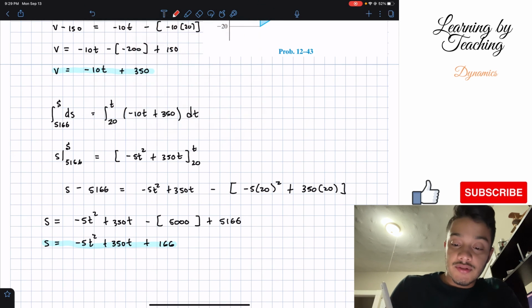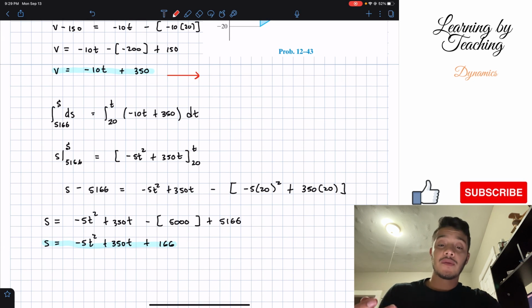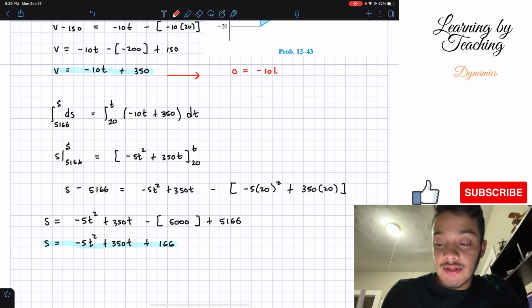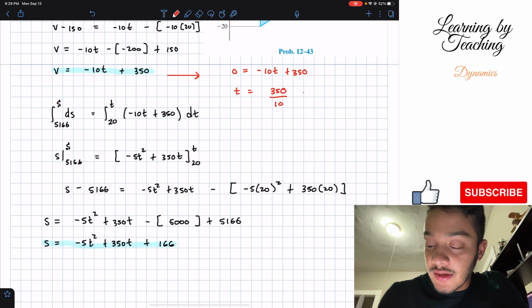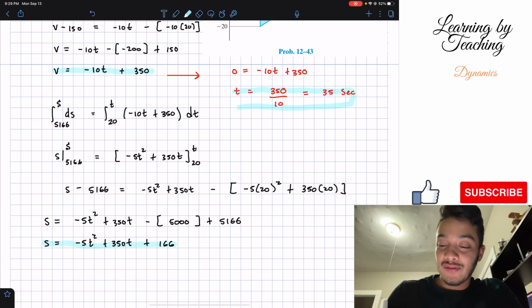Okay, so I'm going to take this velocity equation in here, and I'm going to say, well, when our jet plane stops, that means that our velocity is equal to 0. So I'm going to put our velocity equal to 0, and we're going to have negative 10t plus 350. If we solve for our time, we will have 350 divided by 10, and we will note that this is equal to 35, and this is in seconds. And we just found the first answer of this problem, okay?